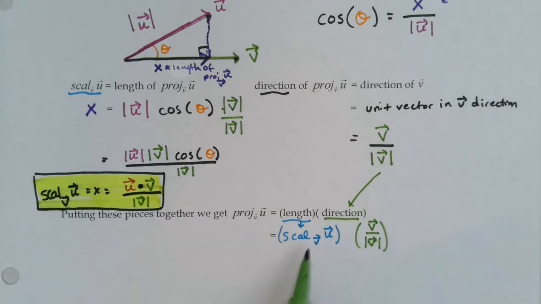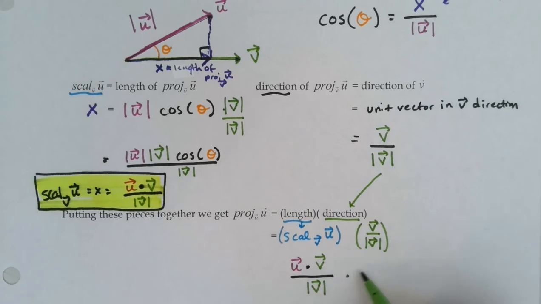Interesting. But the scalar we just said is equal to u dot product with v divided by the magnitude of v, all multiplied by v over the magnitude of v.